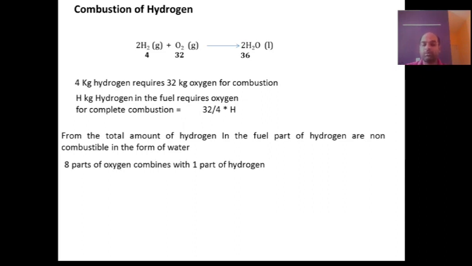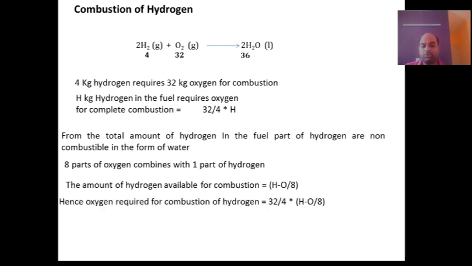Now, another important point: when you do the calculation, a factor equivalent to oxygen by 8 is removed from the total oxygen present. That is because if your fuel contains oxygen, that oxygen itself is used for some of the combustion process. The oxygen does not have to come from the external air, but it can be supplied from the fuel itself.